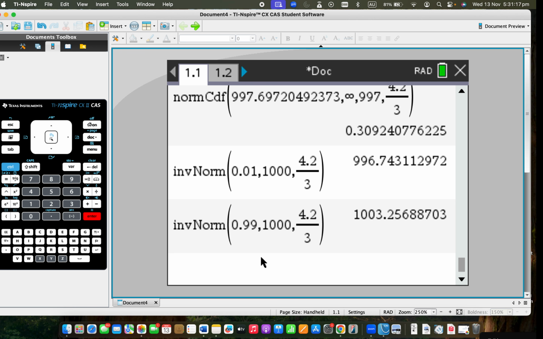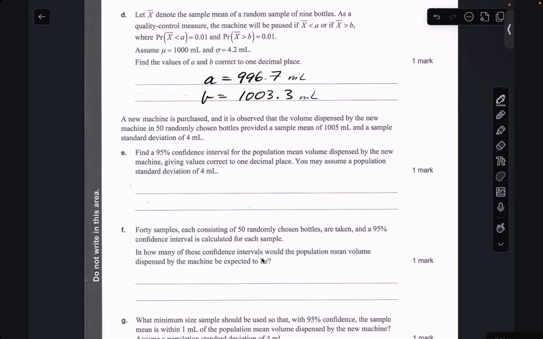A new machine is purchased and it is observed that the volume dispensed by the new machine in 50 randomly chosen bottles provides a sample mean of 1005 and a sample standard deviation of 4. Find the 95% confidence interval for the population mean volume dispensed by the new machine, giving values correct to one decimal place. You may assume a population standard deviation of 4.